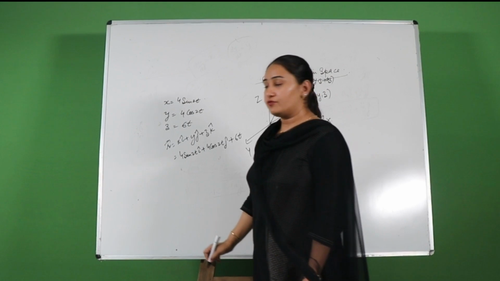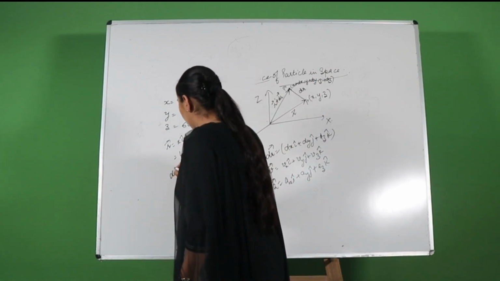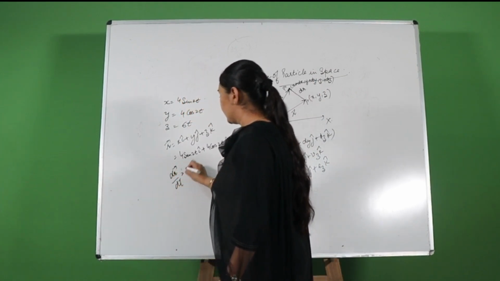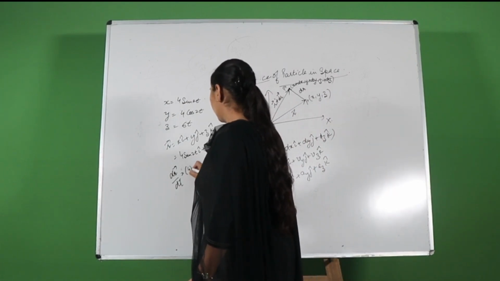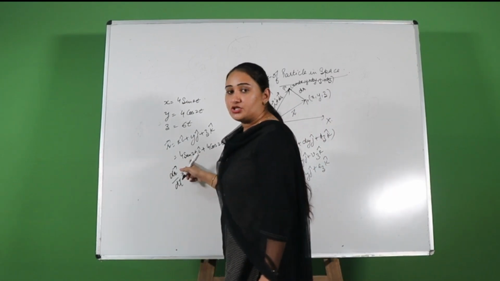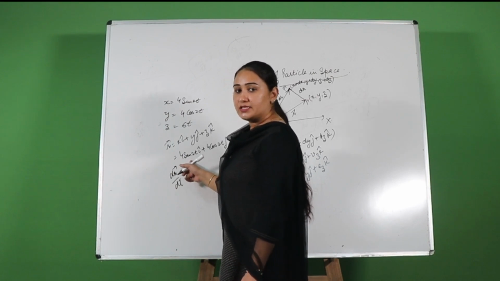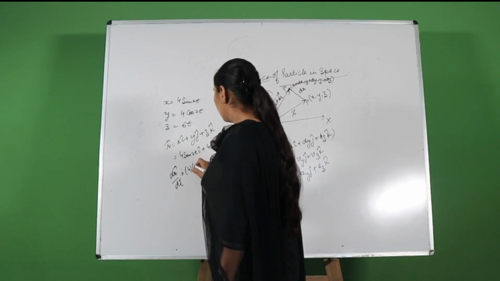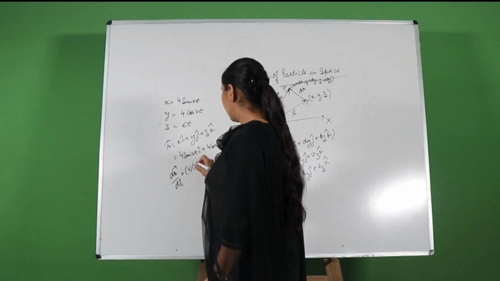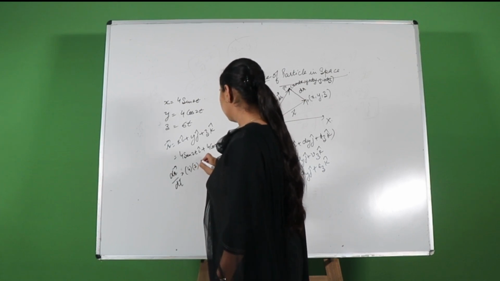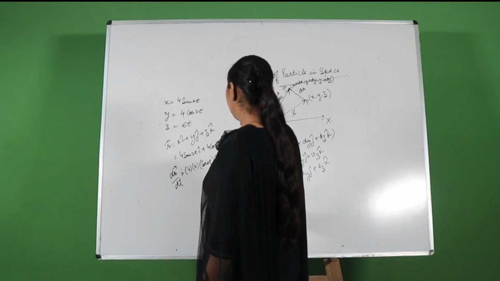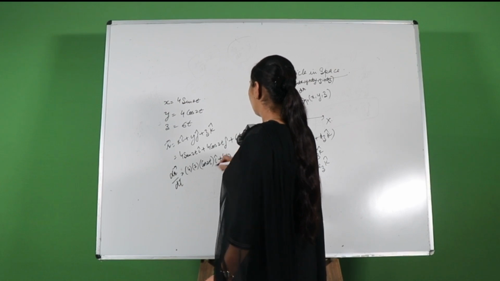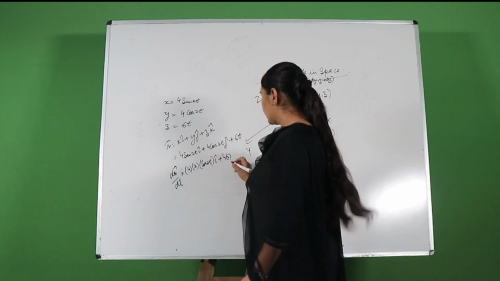Now if I want to find the velocity, what will I do? I will just differentiate it. If I differentiate this, it will give me 4 sine. What is the differentiation of sine theta? Sine theta differentiation is cos theta. So 2 will come out. It will give me 2 cos 2t I cap plus 4 cos theta's differentiation is minus sine theta.